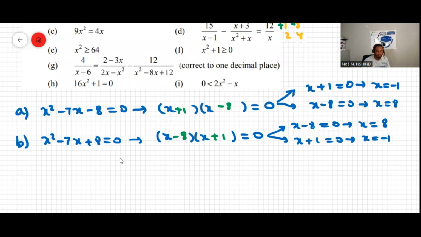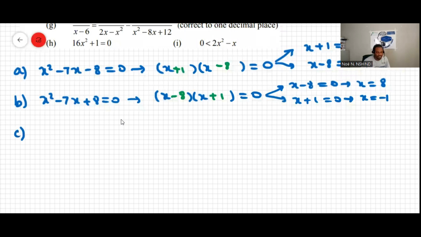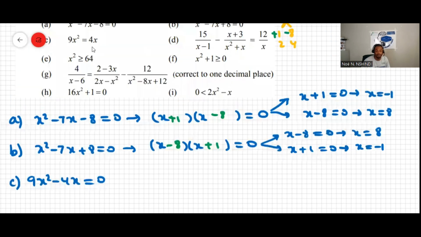Now C, 9x squared equals 4x. If you move the 4x over, it's going to be 9x squared minus 4x is 0.